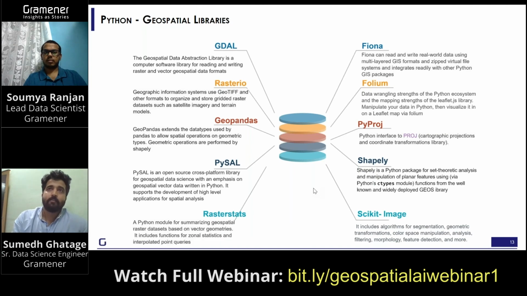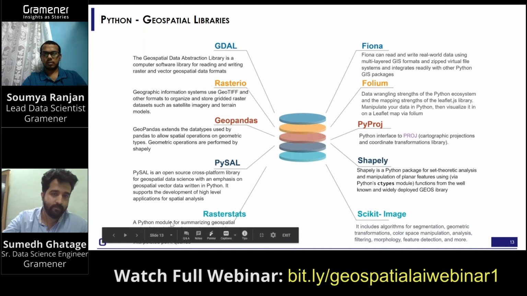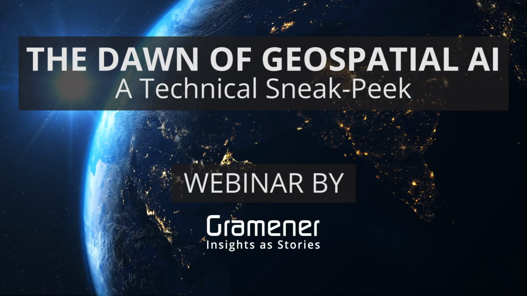For example, when we have a particular city and we want to know the temperature at each ward level, it combines all the pixels in that particular ward and gives one value to us. That is zonal statistics, and that can be achieved through rasterstats.